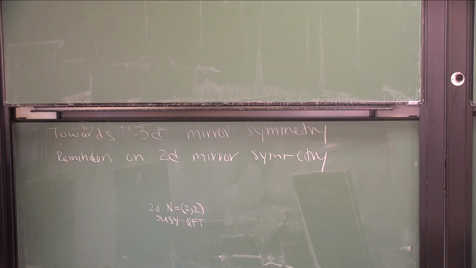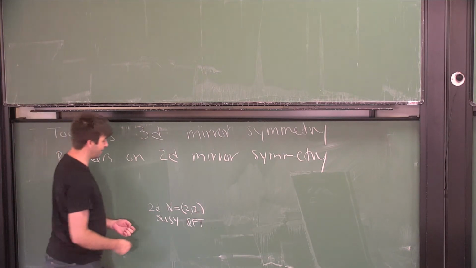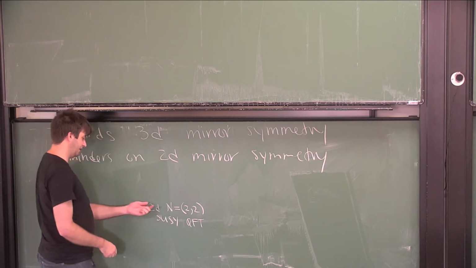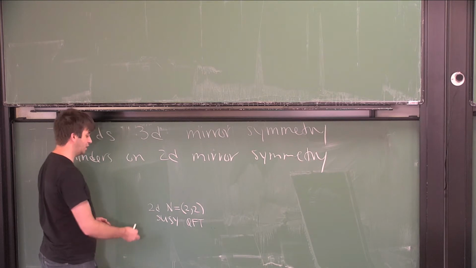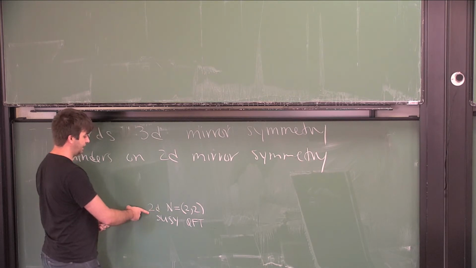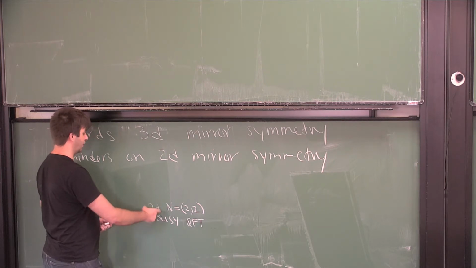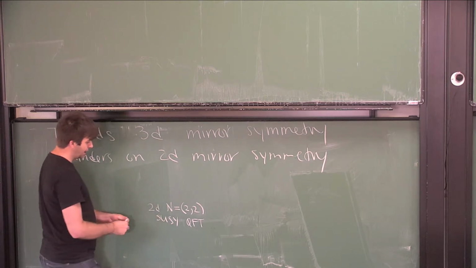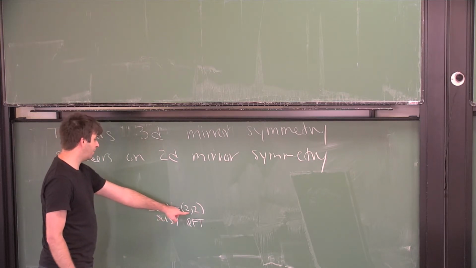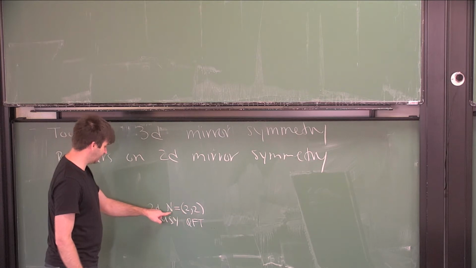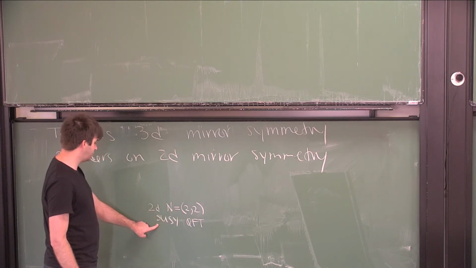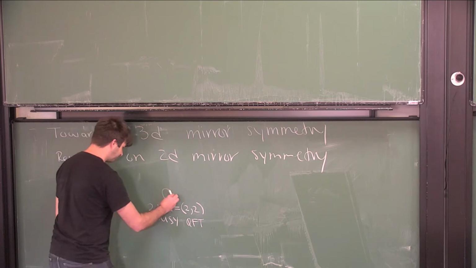So I don't assume that you know what any of this numerology means. This 2D is that my field theory is going to live on two-dimensional Euclidean space or two manifolds. And then this N=(2,2) is some bit of numerology that tells you how much supersymmetry your theory has.